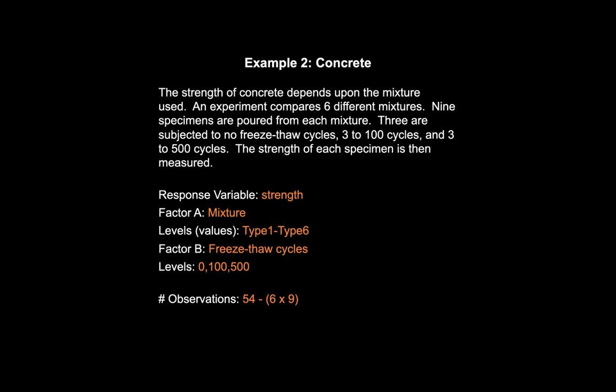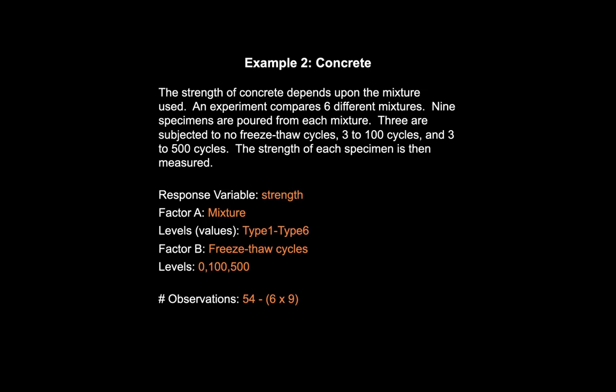Our first factor, factor A, is the mixture. The levels or values of factor A are type 1, type 2, type 3, type 4, type 5, and type 6. Our second factor is the freeze-thaw cycles, and the levels of that are 0, 100, and 500.